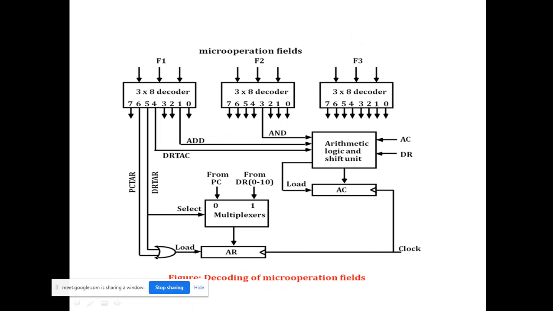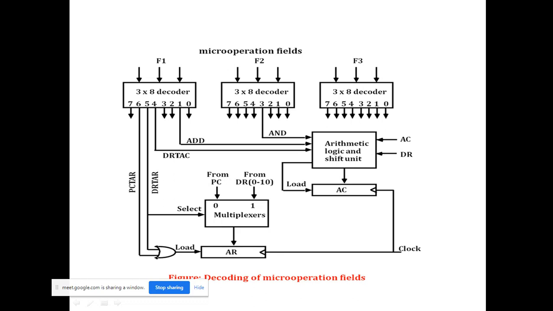That means it has three fields, F1 and F2 and F3 fields. To get the control signals, compulsorily we will use the three decoder circuit. With the help of decoders, we will get the path for the control signals.